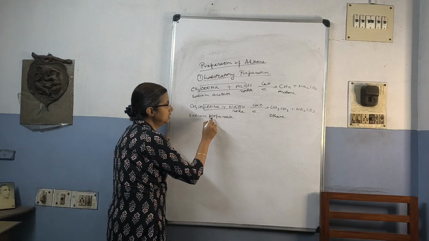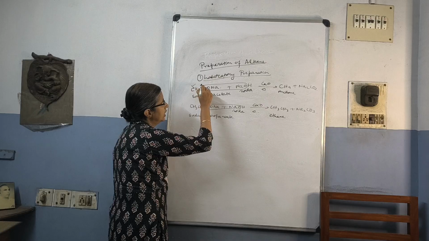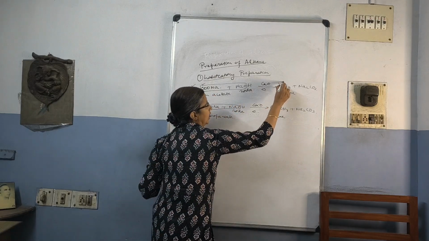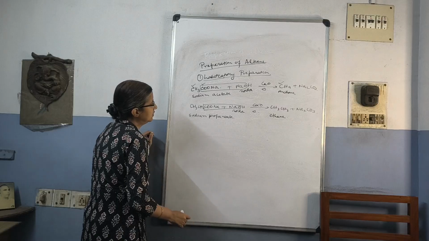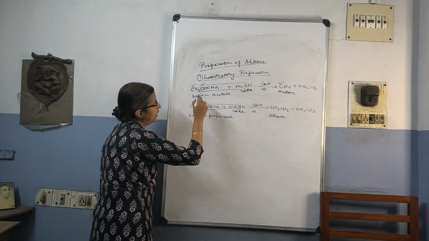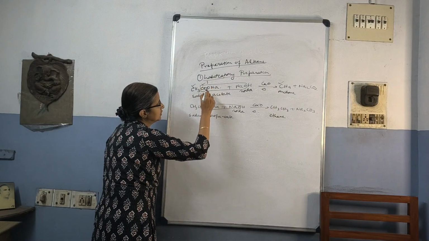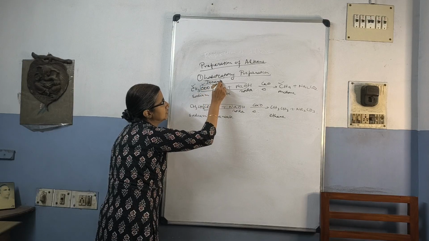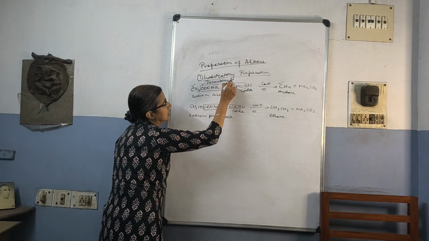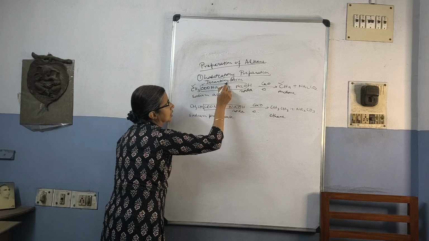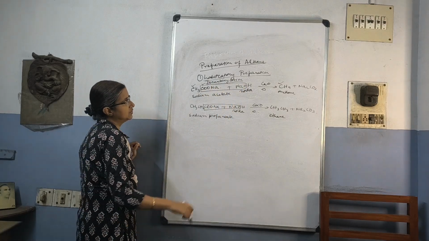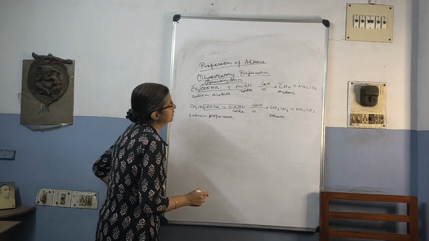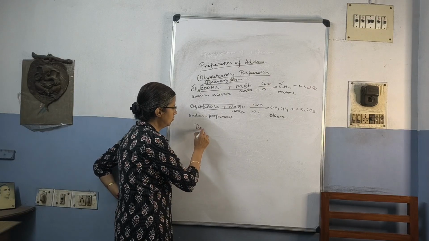Here we have to notice one thing, that we have taken a carbon compound with two carbons, but we get only one carbon, that is, it is chain decreasing. Another point to be mentioned is the process name. The name of this process is decarboxylation.